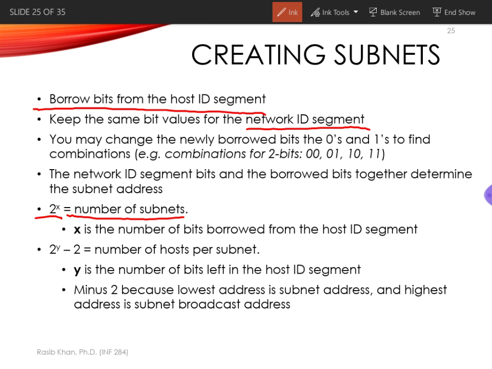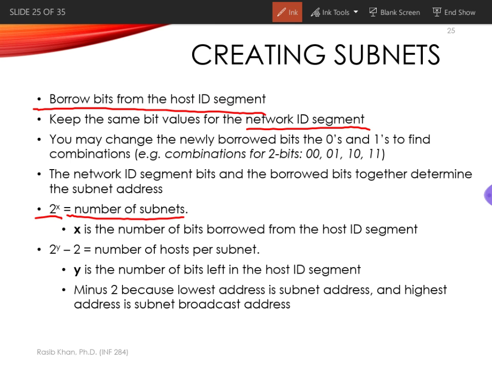And very similar to what we have already seen before, for every network we have 2 addresses: where all the bits in the host ID part are set to 0, it is the network address, and where all the host ID bits are set to 1, it is the broadcast address.